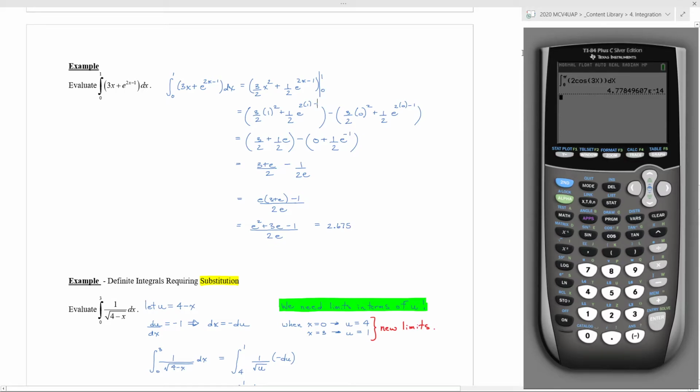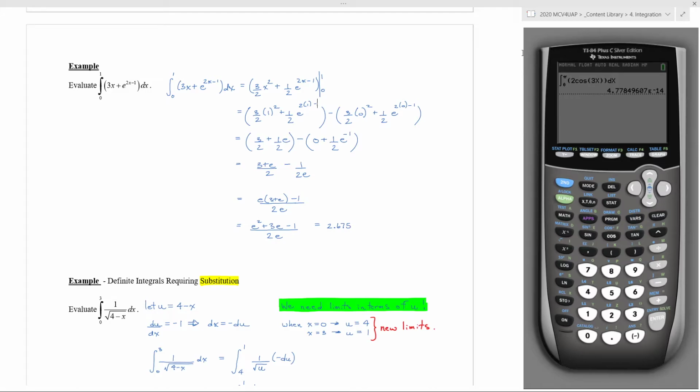So after a little bit of simplifying, I get 3 plus e over 2 minus 1 over 2e. Okay, I found a common denominator there, which is 2e. And I end up with e squared plus 3e minus 1 divided by 2e, which I typed into just a normal calculator, and you get 2.675.